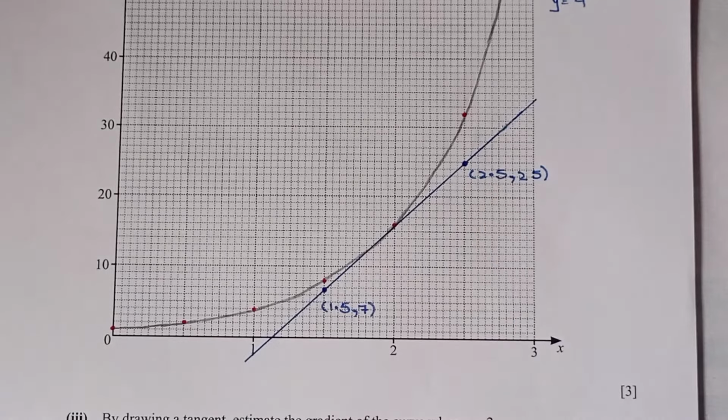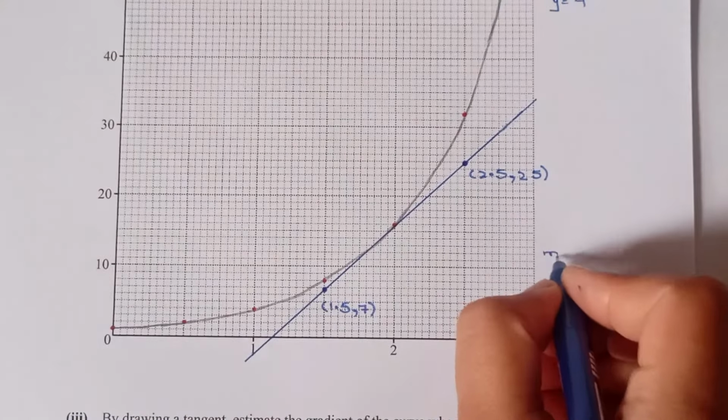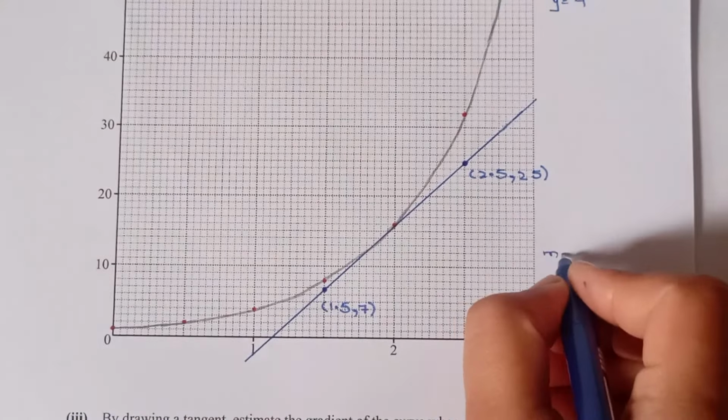So we need to find the gradient. Gradient we know is the slope, and the formula for the slope is y2 minus y1 over x2 minus x1. So this point is x1, y1, this is x2, y2. So y2 minus y1 is 25 minus 7, divided by x2 minus x1, 2.5 subtract 1.5.